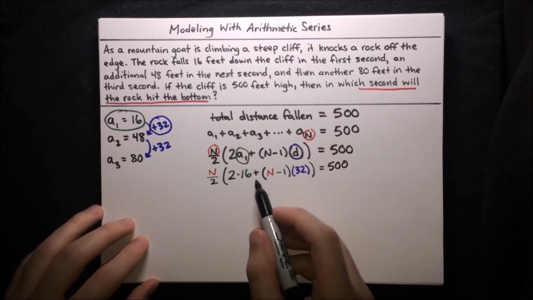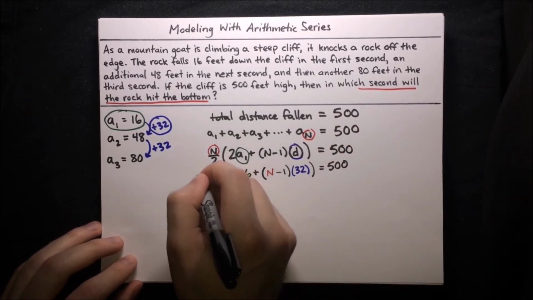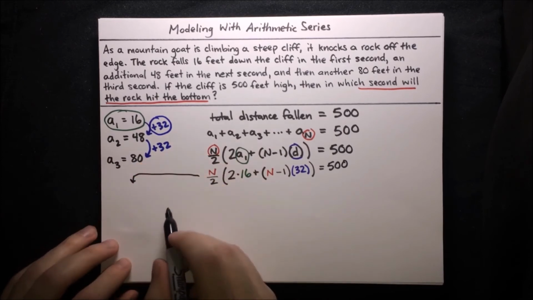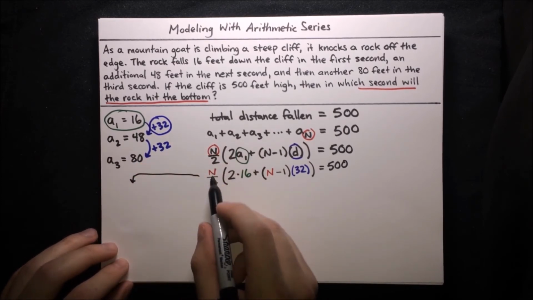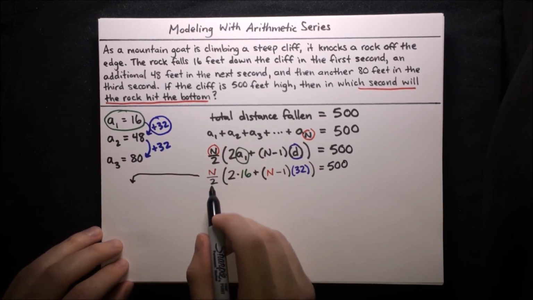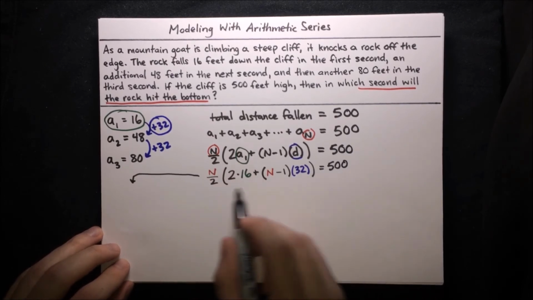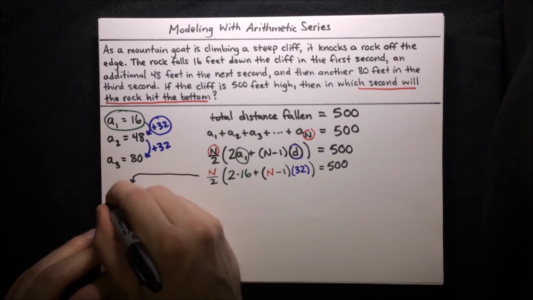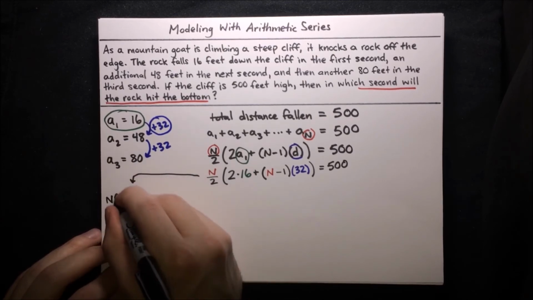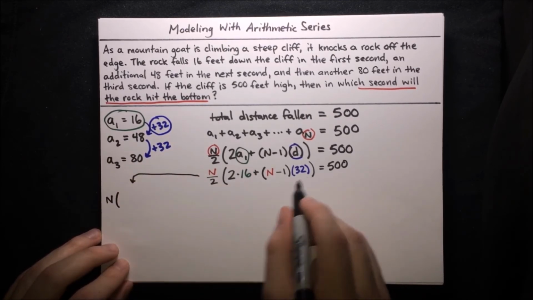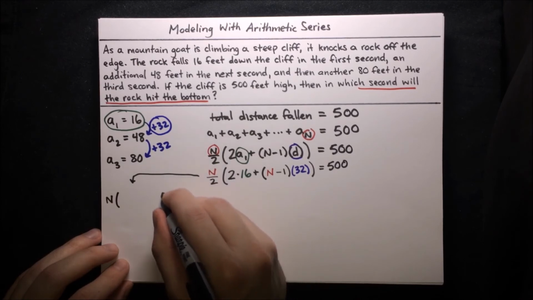Alright, so let's go ahead and solve this equation. Let's bring it over here, because we'll have to do a little bit of work to solve it. So first of all, we've got a fraction here, n over 2, and let's get rid of that fraction. So let's go ahead and multiply both sides by 2, to get just n times this quantity inside the parentheses. We'll fill that in a moment.